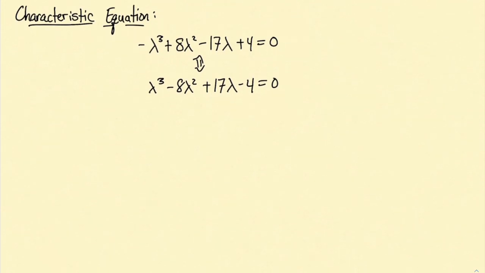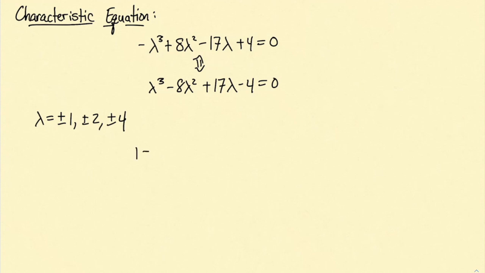Now, from a basic algebra course, we know that any integer solutions to such a polynomial must be divisors of the constant coefficient. So there are 6 potential values that could be a solution. So we can check each one of these 6 divisors of -4.